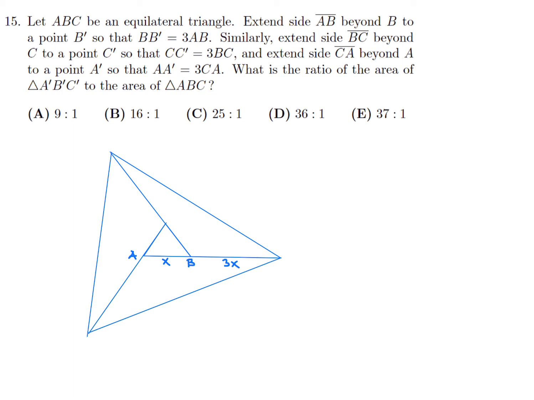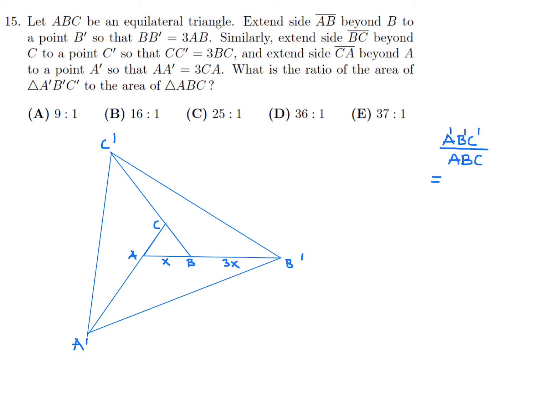And then this is, of course, needing to be labeled. A, B, C, and B was extended to B prime, C was extended to C prime, and A was extended to A prime. So now I have to figure out the ratio of A'B'C' to ABC. Okay, well, the ratios will be fairly straightforward.